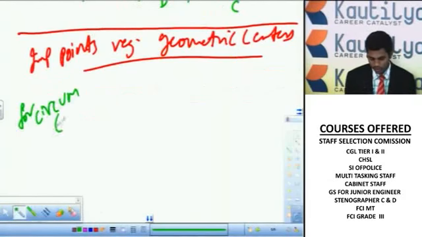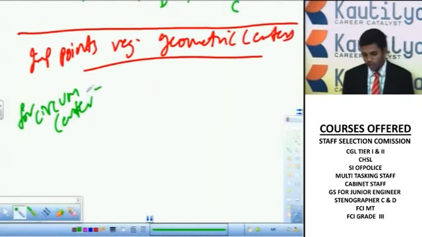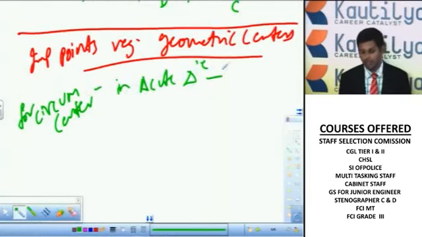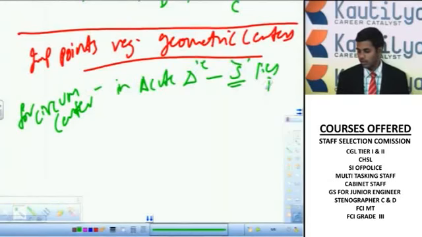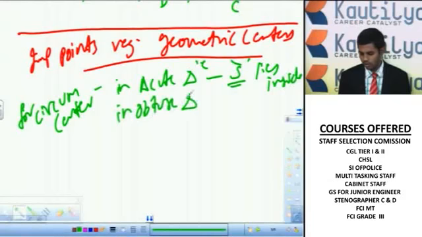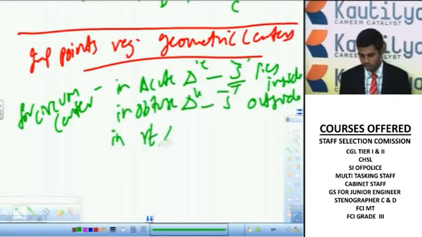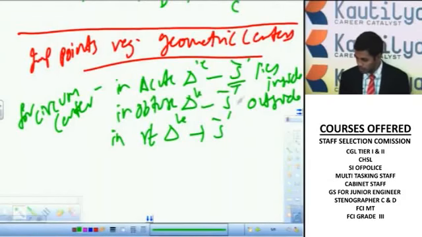For the circumcenter, in an acute triangle, the circumcenter will be lying inside. The circumcenter, represented by the letter S, lies inside, and in an obtuse triangle S lies outside, and in a right angle triangle S will be lying on the midpoint of the hypotenuse.